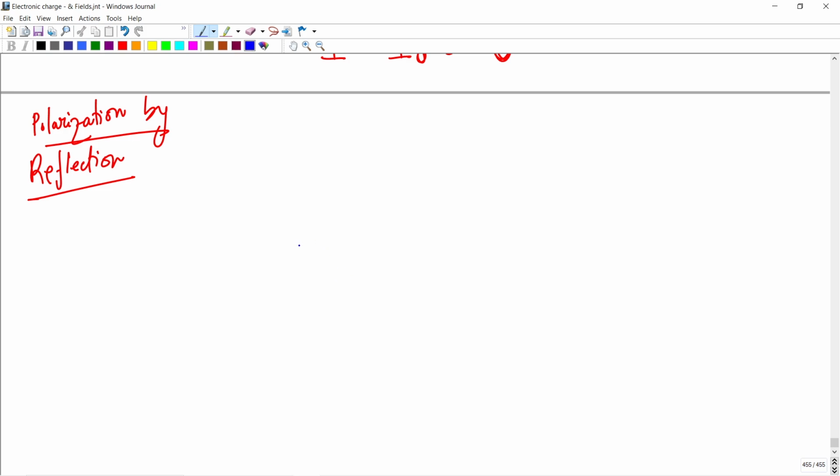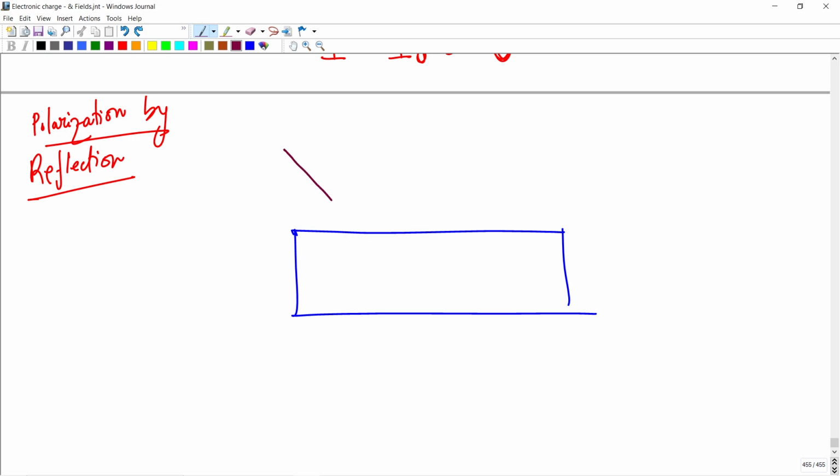So suppose there is a medium here, and the light is unpolarized. Suppose a dot represents vibration towards me, parallel to the plane of polarization.